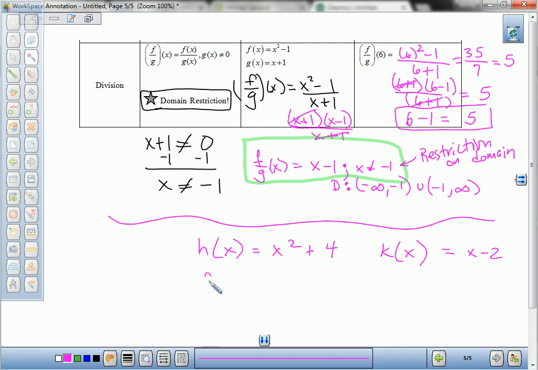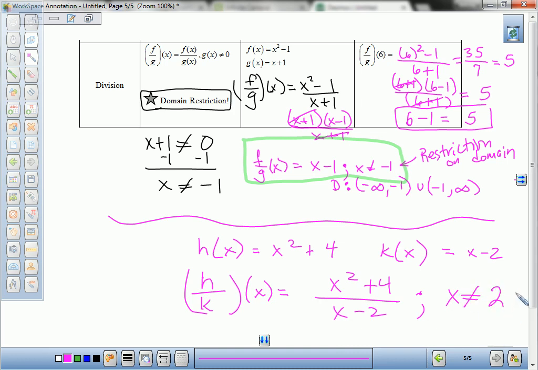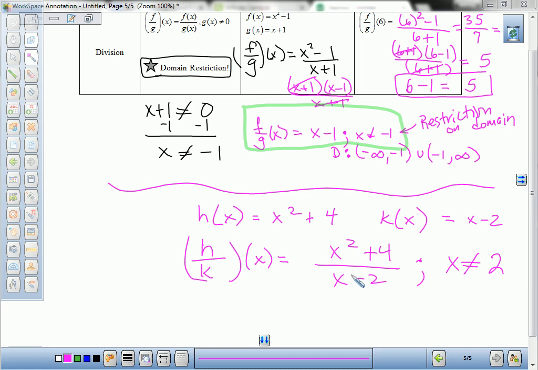So if I ask you to find h over k of x, your answer would be this. There is nothing you can do other than write it as a quotient. And then we have to do the restricted value. What value would make that denominator equal 0? 2. So x can never be 2. So most of the time, they don't simplify. The only time they simplify is when I make them.